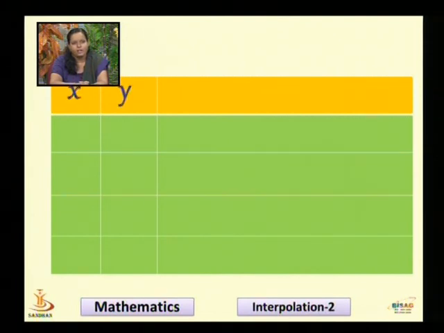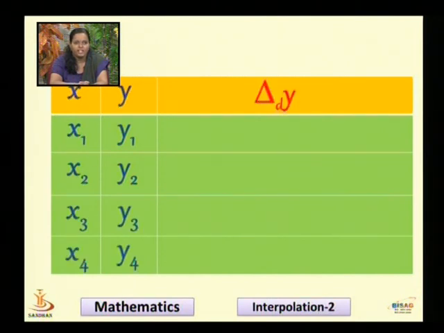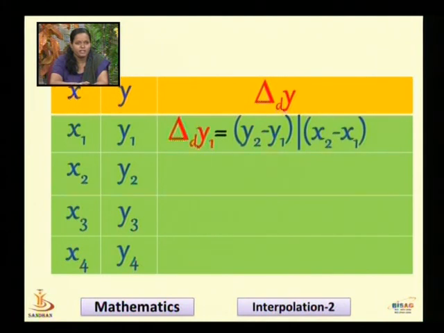Given the set of points x1, y1, x2, y2, x3, y3 and x4, y4, let us compute the first order divided difference delta D y. The first order divided difference delta D at the first point y1 is defined as y2 minus y1 divided by x2 minus x1, which we can see here.